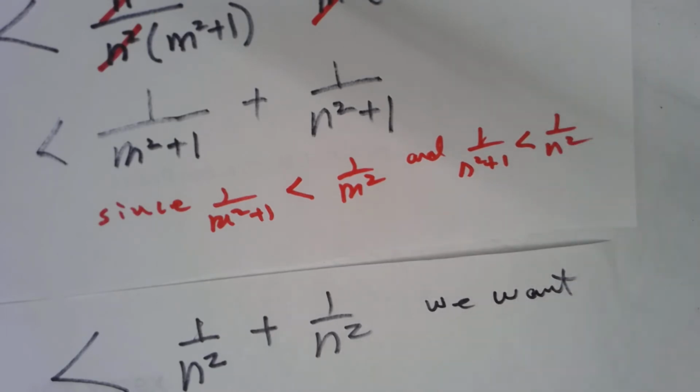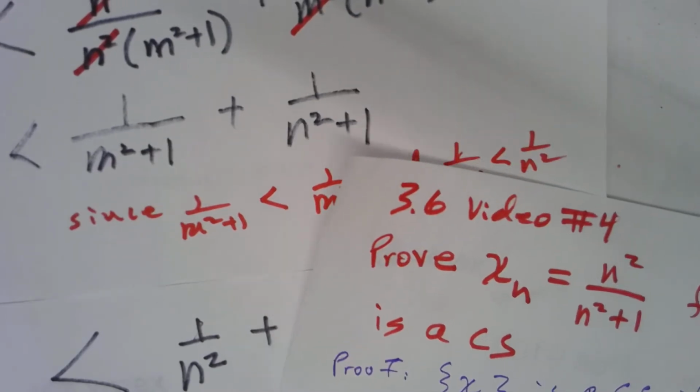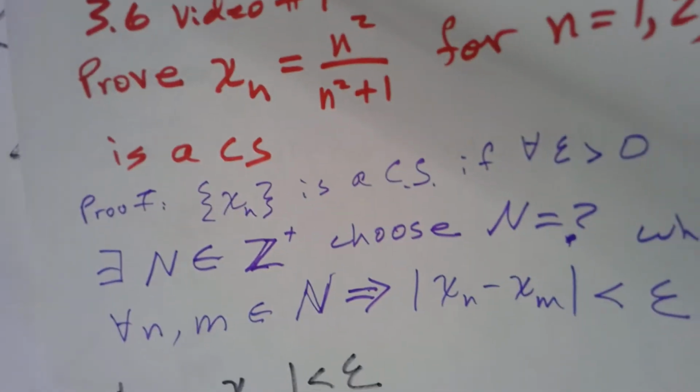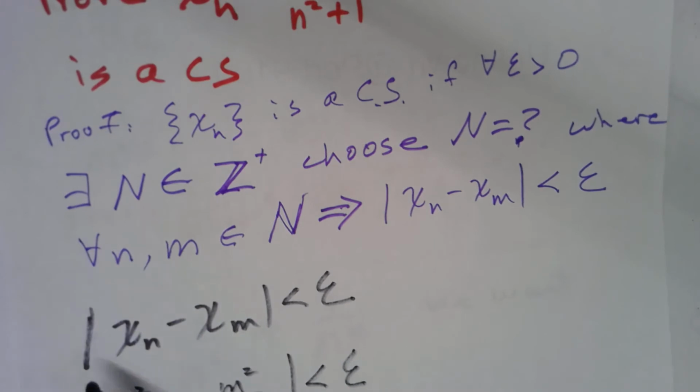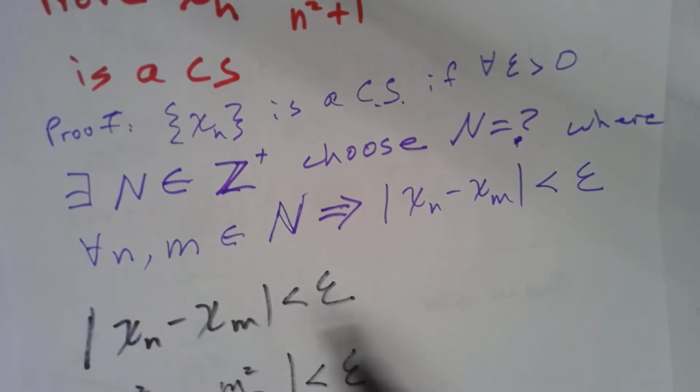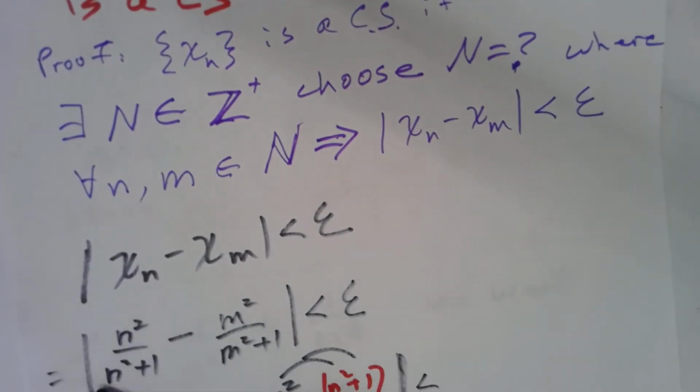So we said before that x sub n minus x sub m is less than epsilon. So n squared over n squared plus 1 minus m squared over m squared plus 1 is less than epsilon.